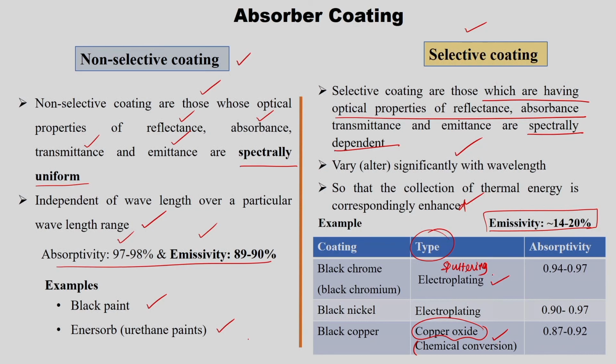Otherwise electroplating and sputtering also we use. The black chrome, black nickel, black copper, everything comes under the category of selective coating. If we use black chrome, the absorptivity is 0.94 to 0.97. The black nickel will have the variation of 0.9 to 0.97. Black copper will have the variation of 0.87 to 0.92. All of them have the emissivity around 14 to 20%.